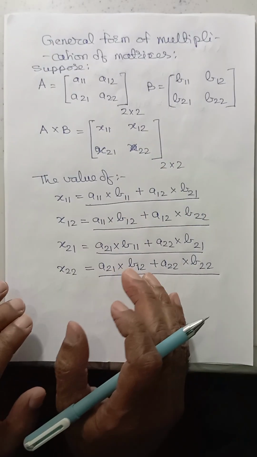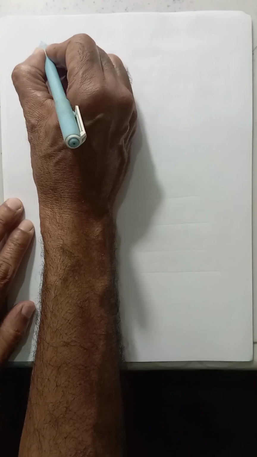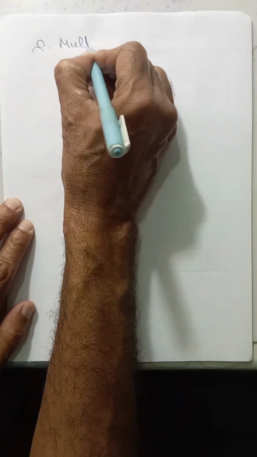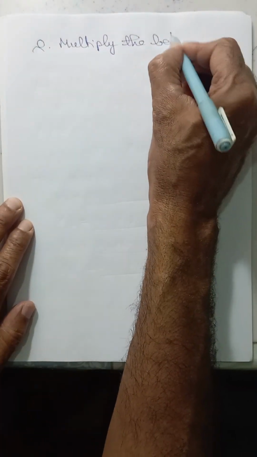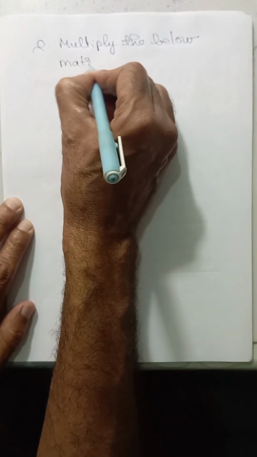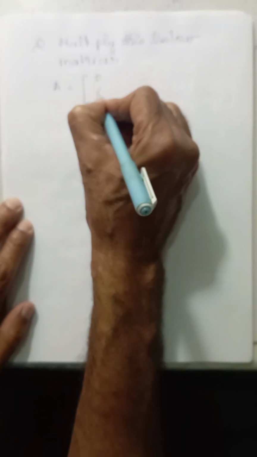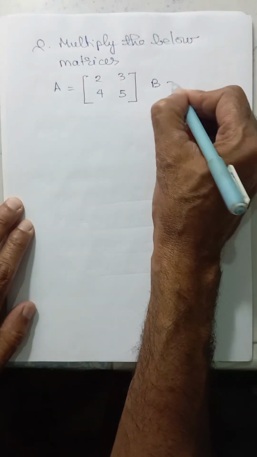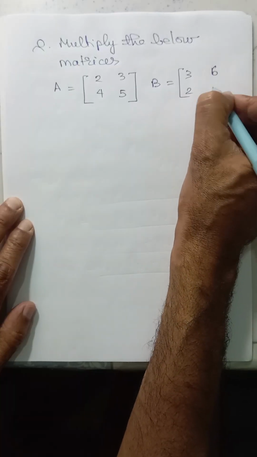So let us do one example of it. By example you will be more clear. It is in the form of a question: multiply the below matrices. A is equal to 2, 4, 3, 5 and B is equal to 3, 2, 1, 6.